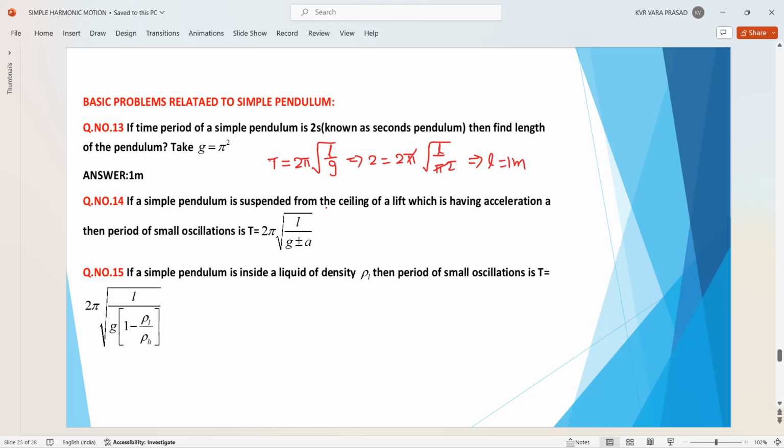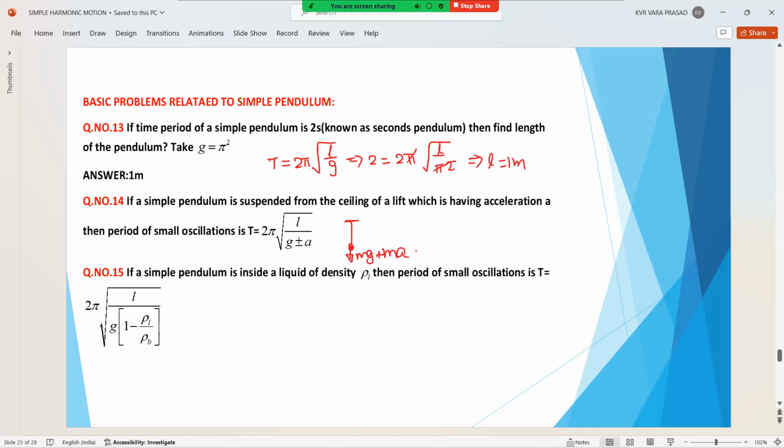So I'm making a diagram here. This is now simple pendulum which is inside lift, mg downwards. Suppose acceleration is upwards, then pseudo force will be downwards. So mg plus ma, right?